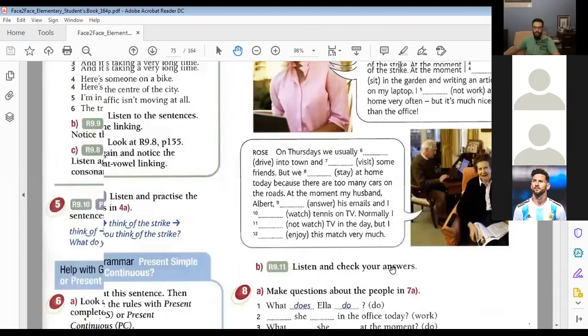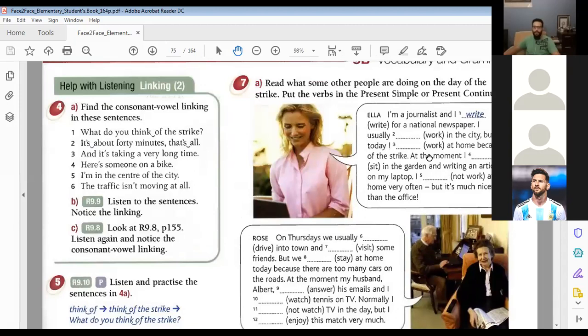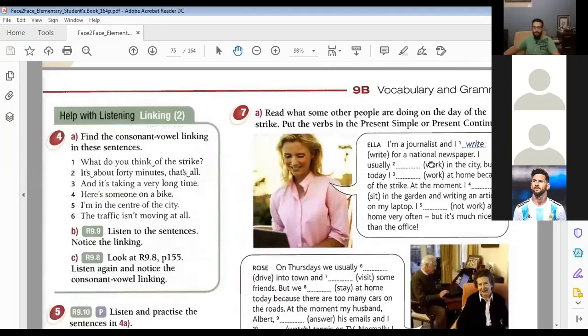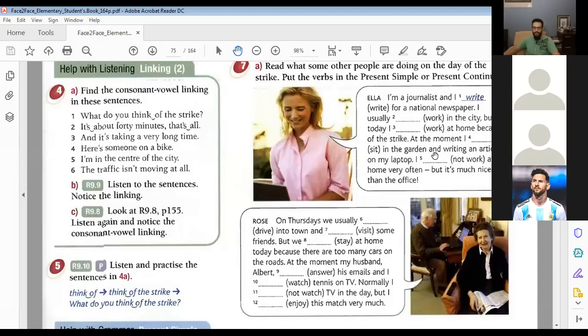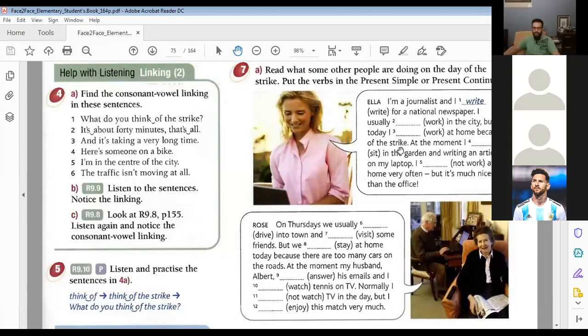Now, let's do some exercises. We want to answer these. We want to complete these two stories or information. And here, I want you to choose. You have to choose present simple or present continuous.